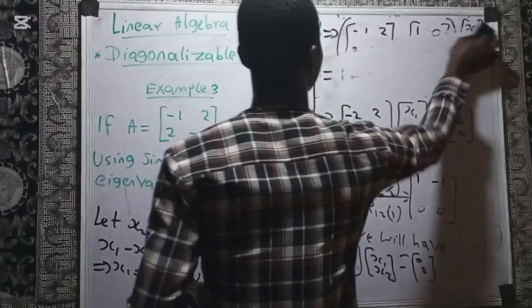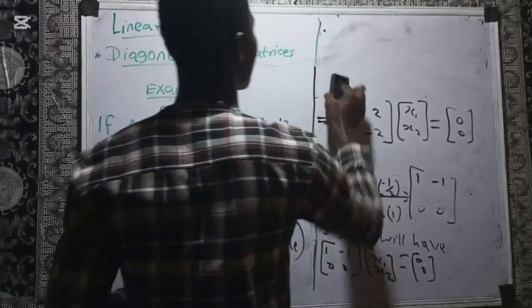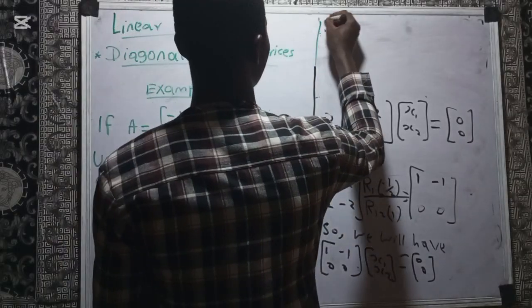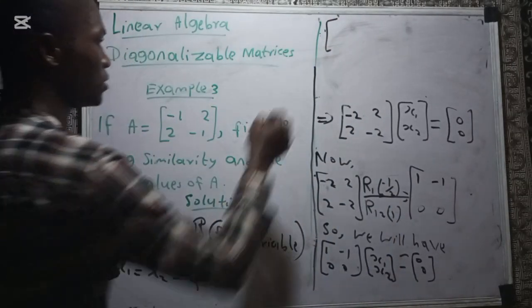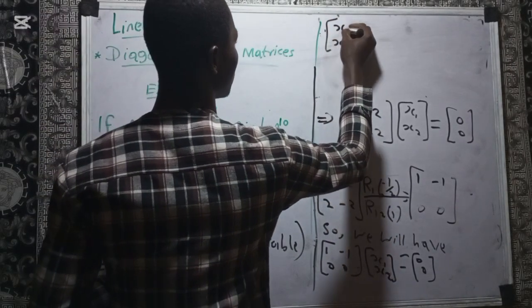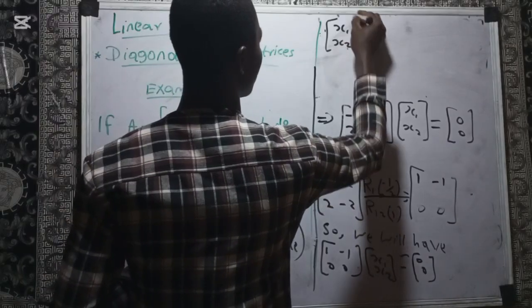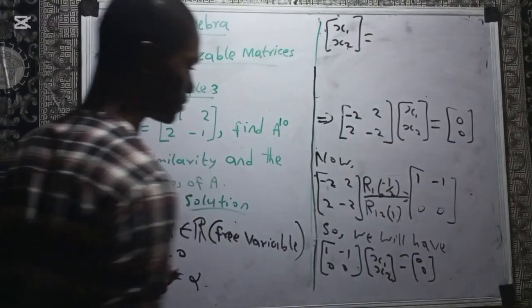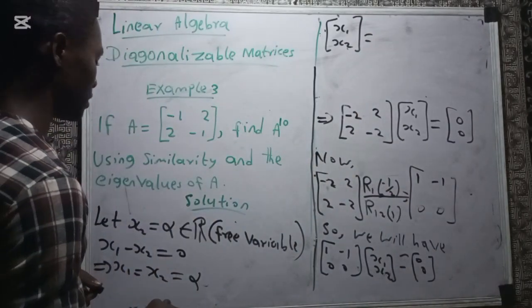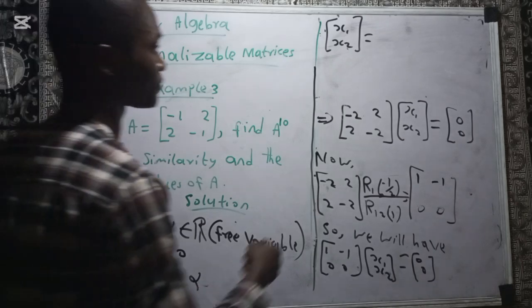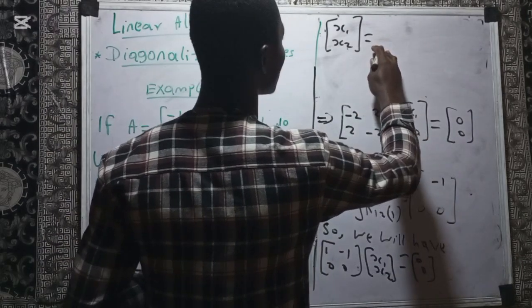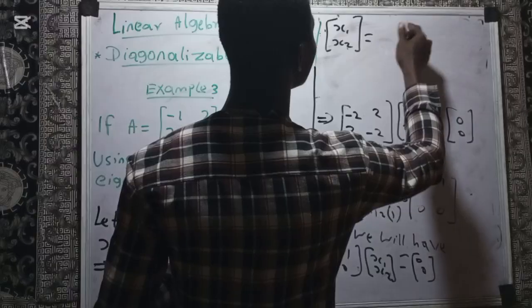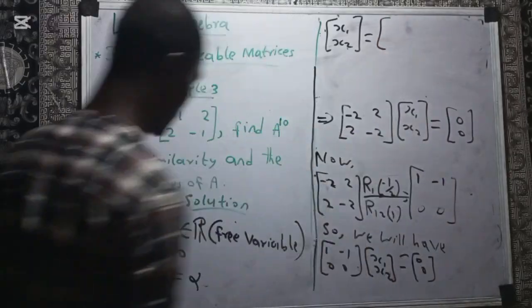So with that, we have gotten the vector corresponding to the first term, lambda equals 1. What's our x1?